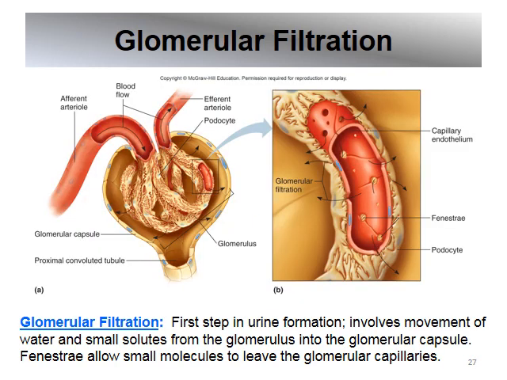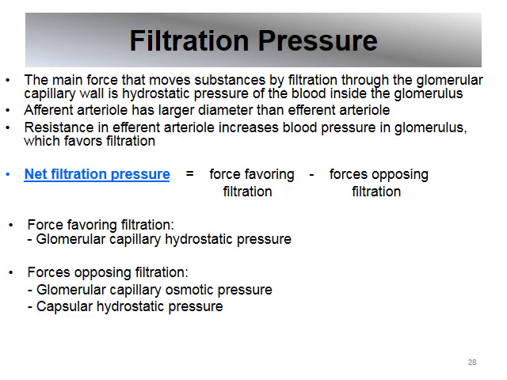Okay, so again, we can see the images related to glomerular filtration. Okay, so filtration pressure. We have two types of pressure in our body. We have hydrostatic pressure, which is the pressure pushing outwards because of the amount of water within the vessel.